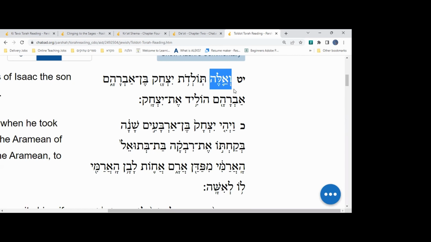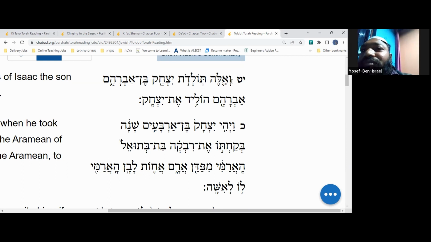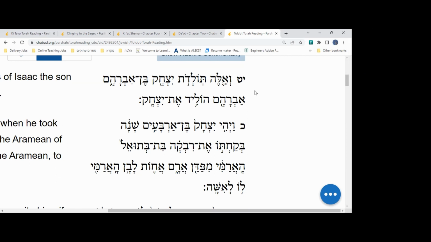You translated this correctly, but let's notice the ta'amim. You know these little symbols called ta'amim? Yes. Okay, so Rabbi, can I take my pen and notebook? Absolutely.